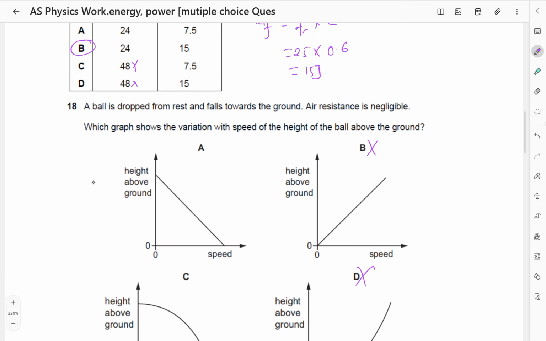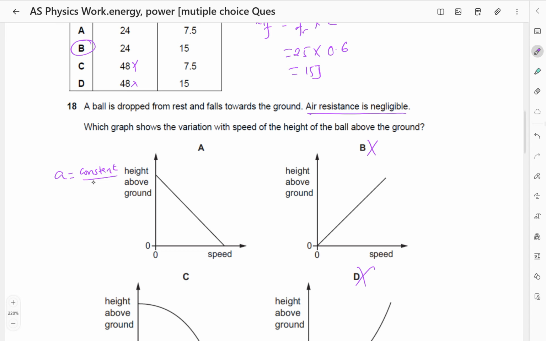Because it is dropped, the height must decrease. So we have remained with A and C. But they say the air resistance is negligible. If air resistance is negligible, it means the acceleration must be equal to a constant, which is g. And if the acceleration is to be constant, then the graph of height above against the speed must be a straight line.